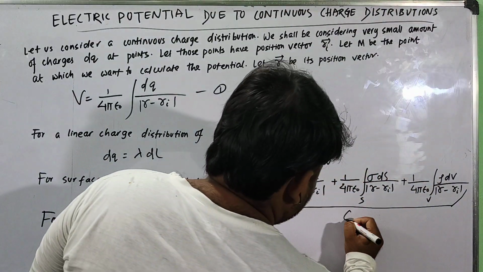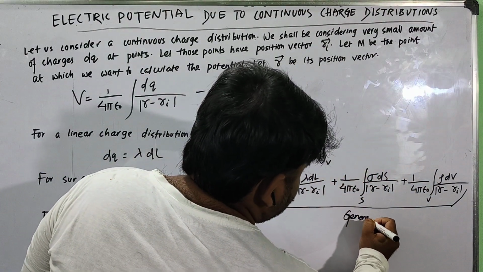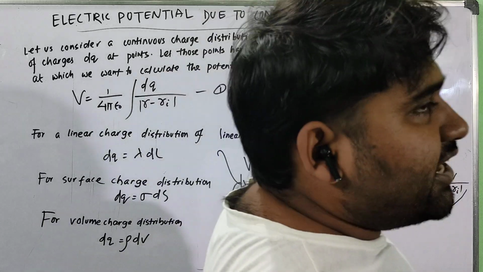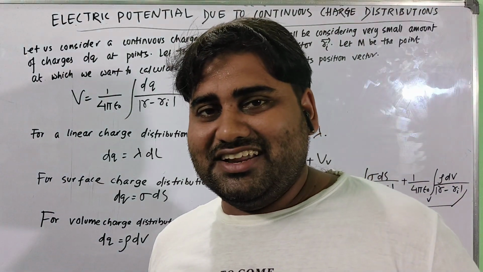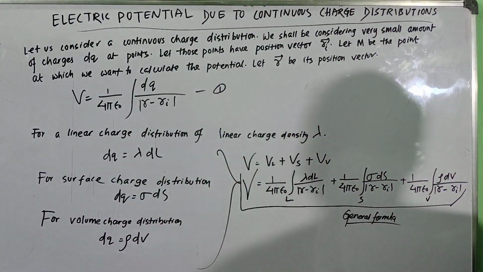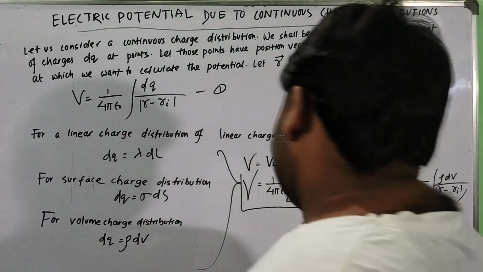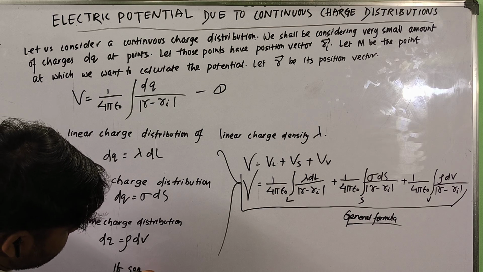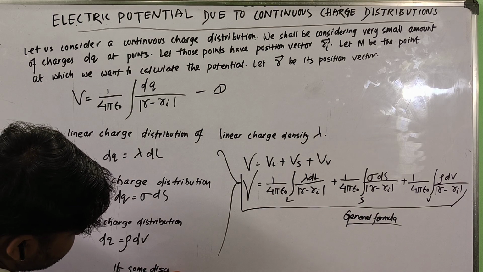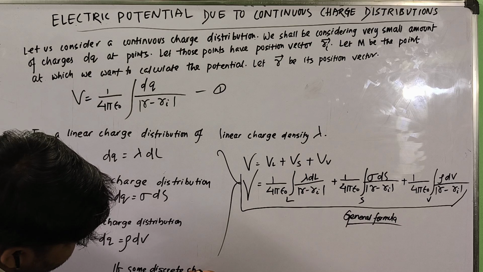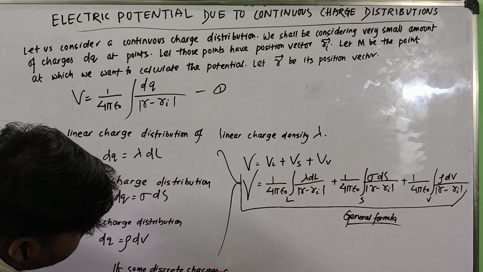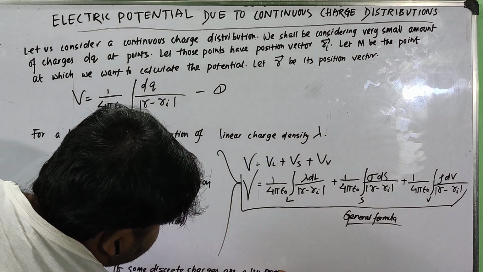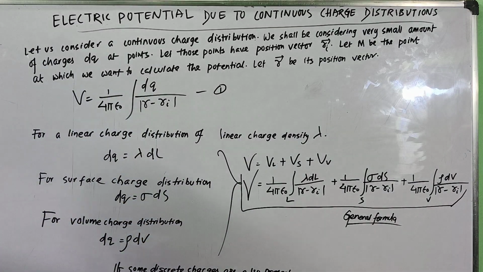But let me bring some twist to it: what if some discrete charges are also present in there? So you can write V, if at last some discrete charges are also present.